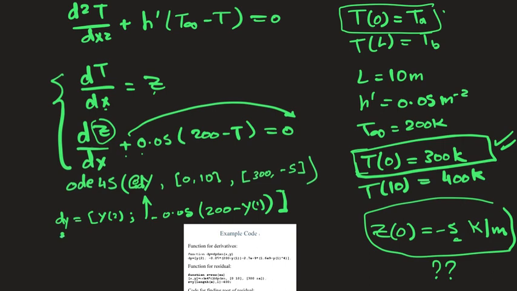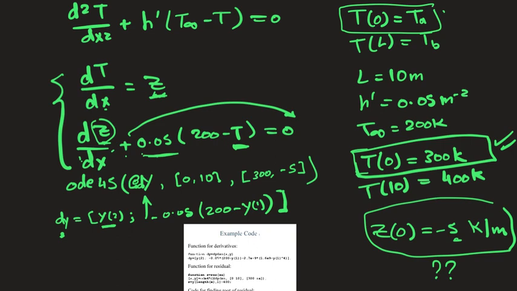Okay, and then the derivative of the temperature is called z, right? And that is y2. And in this case, the differential equation here is dealing with the derivative of that z, which is another variable, y1, equal to the z is y2, sorry. The derivative of the second one, y2, is equal to whatever as a function of y1.